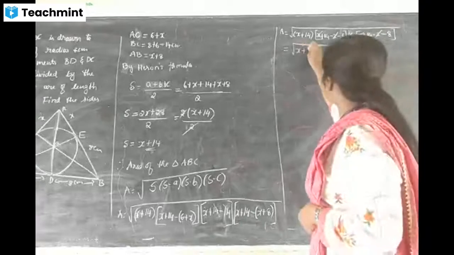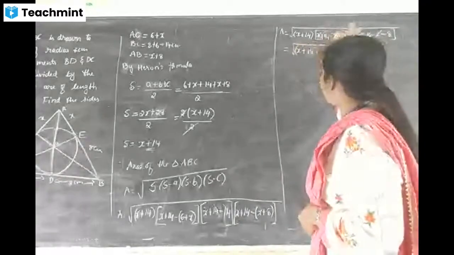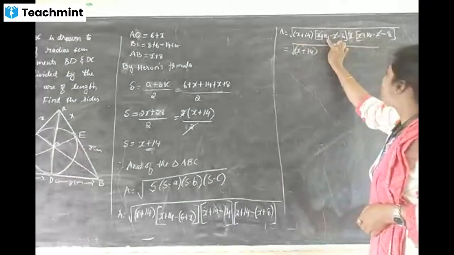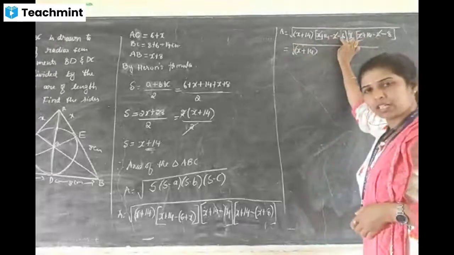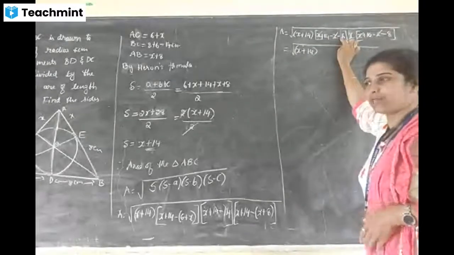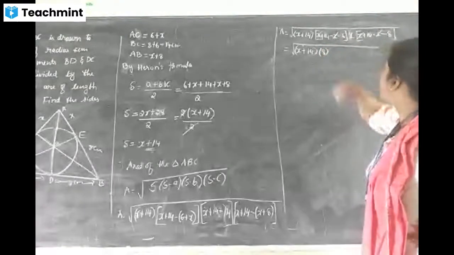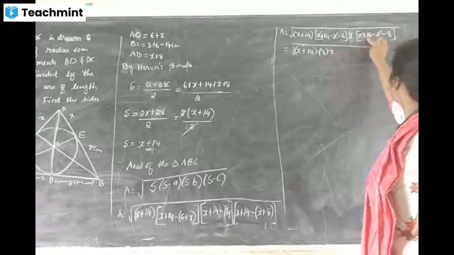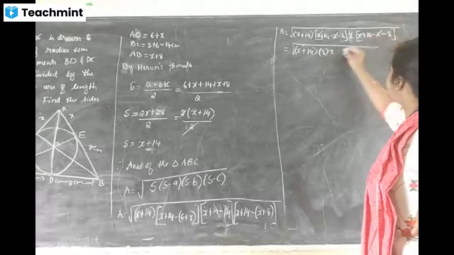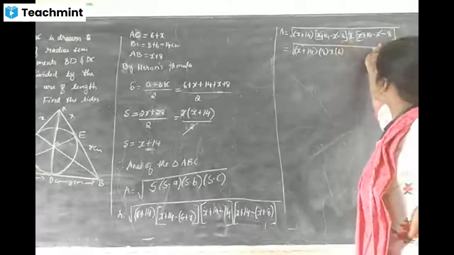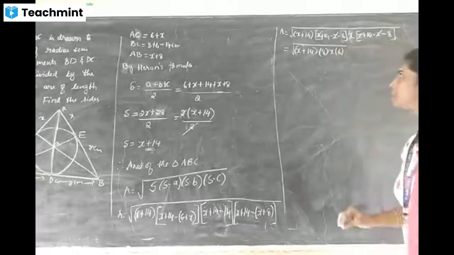Now x plus 14, don't multiply, let it be till the end. Here 14 minus 6 is plus 8 into x. Here 14 minus 8 is plus 6. Is it correct?